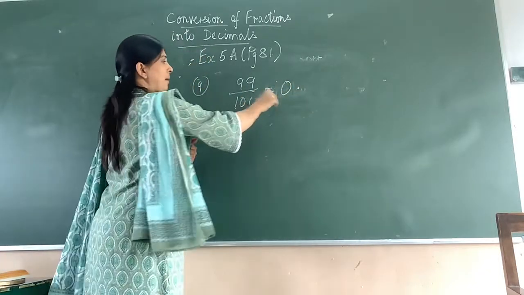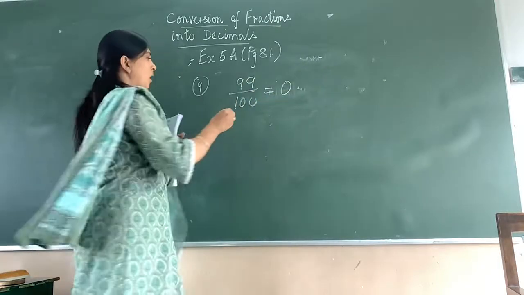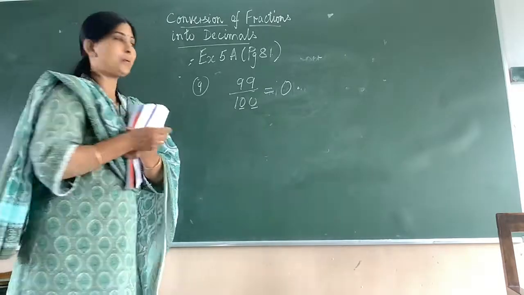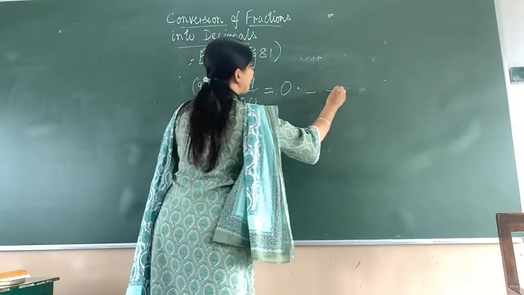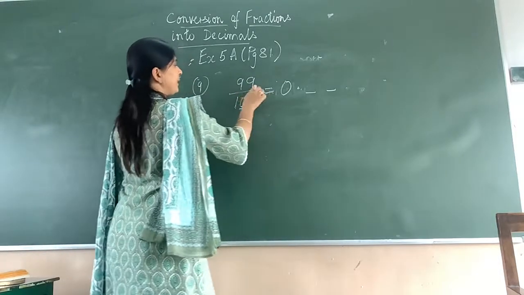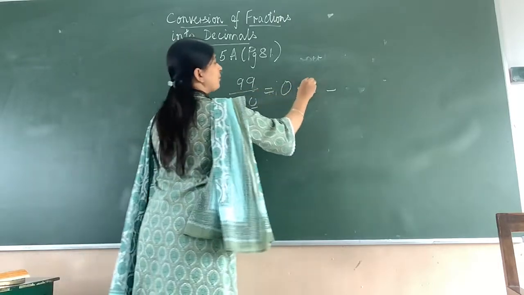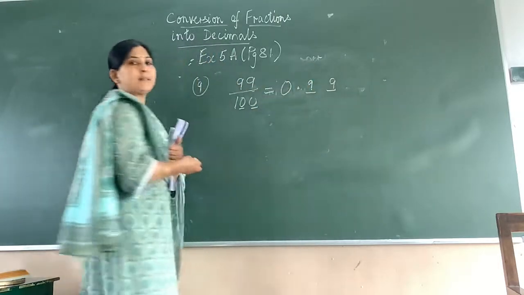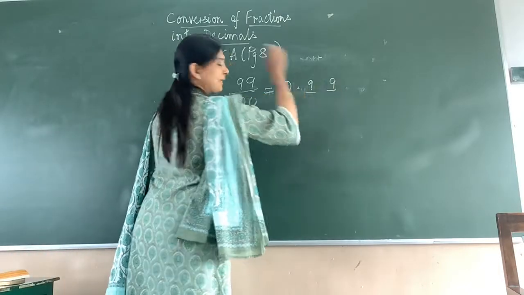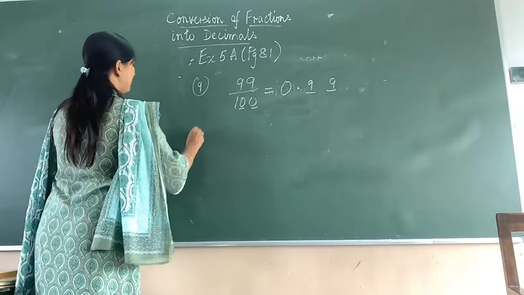In the whole number part, what will you write? 0, and put a decimal point. Now, how many zeros are there in the denominator? There are 2 zeros. That means 2 places after the decimal point. So we'll write the numerator, which has 2 digits. So we'll write 99. So it means 0.99.